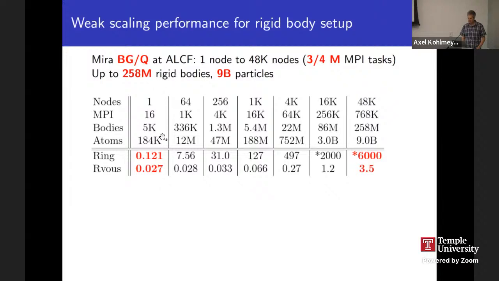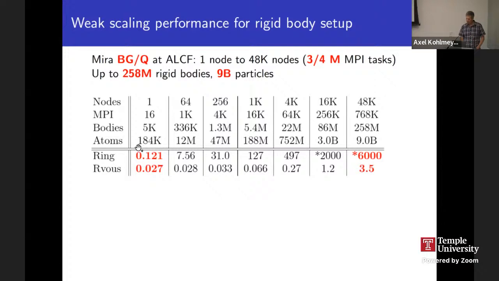On 1 node, 16 cores, the problem is 5,000 bodies and about 184,000 atoms. When you scale that up in a weak sense to the full machine, or maybe 2/3 of the machine, 48,000 nodes, 750,000 MPI tasks, I have 250 million rigid bodies and 9 billion atoms. So here's the performance in seconds for the original ring algorithm and the new rendezvous algorithm.